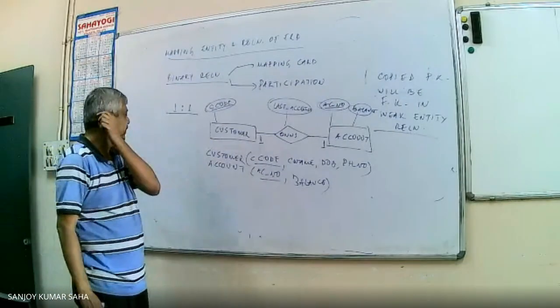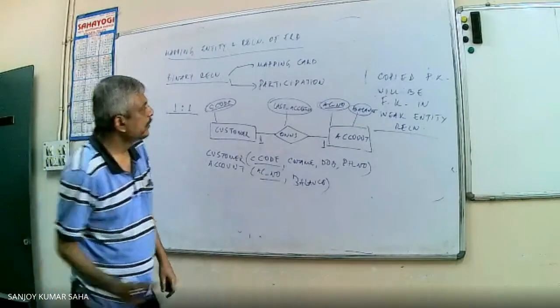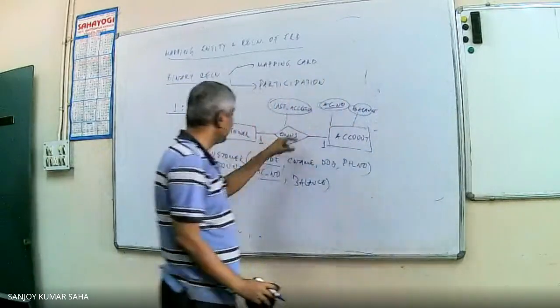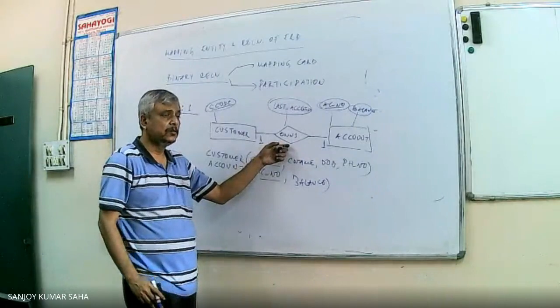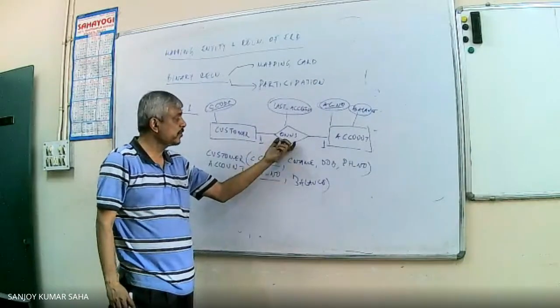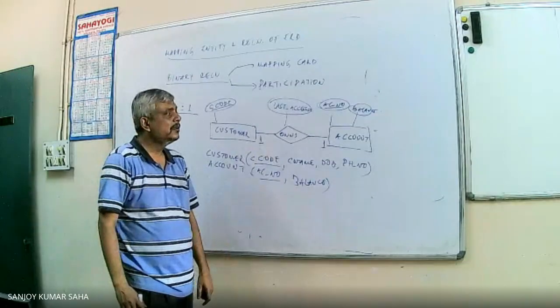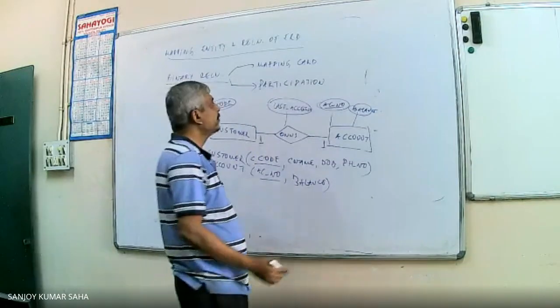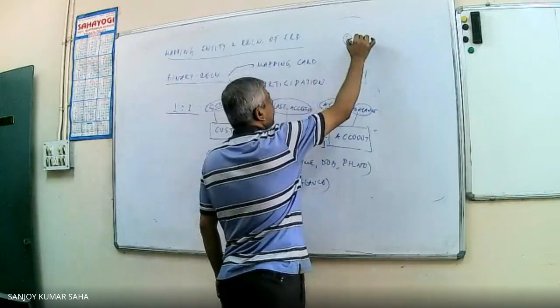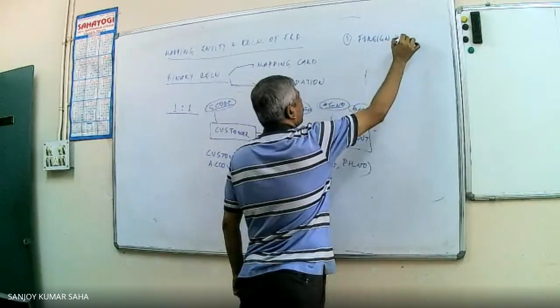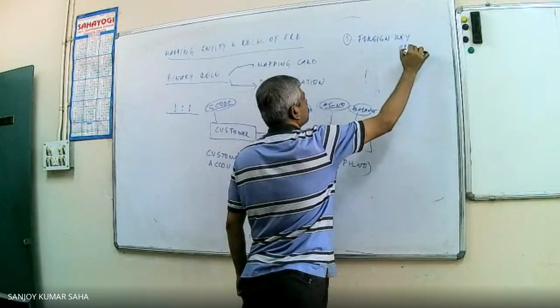Say if it is this kind of thing, there may be multiple ways to maintain this relation of the ER diagram. So we are trying to map the relation of the ER diagram into the relations of the relational model. So one approach is the foreign key approach.